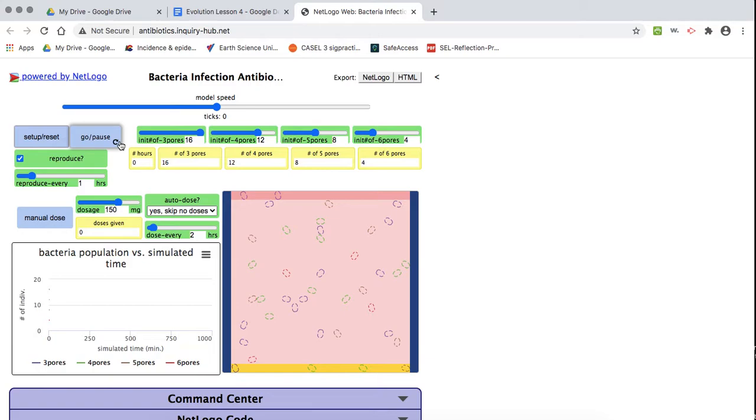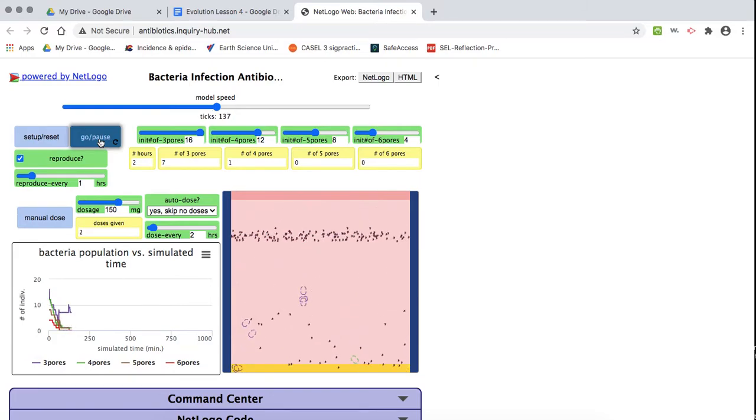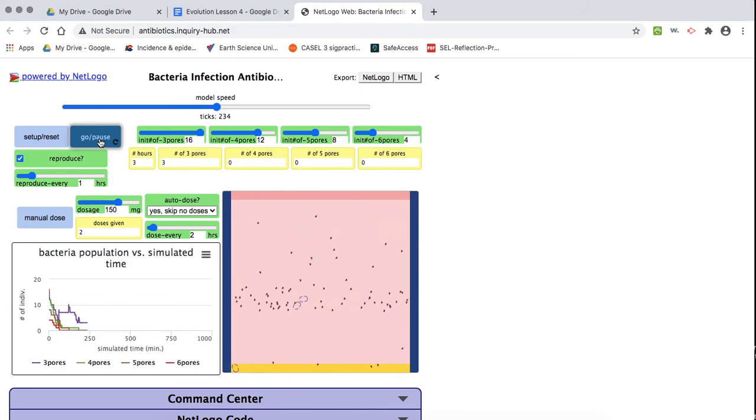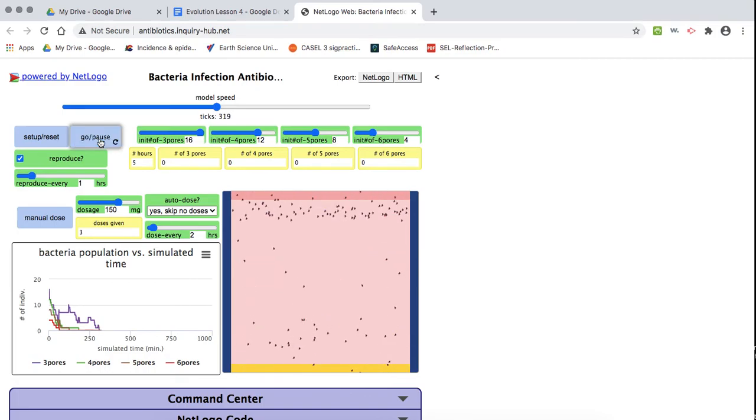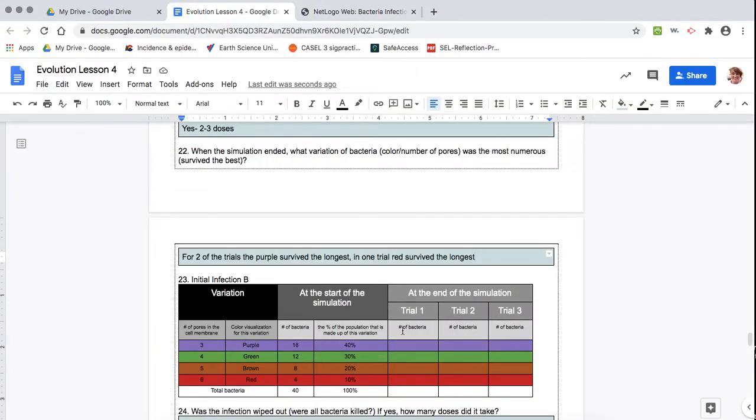And then let's see what happens. Wow, so once again, those purple ones were really surviving. 3 doses, but purple survived the longest, and in the end we have no bacteria.